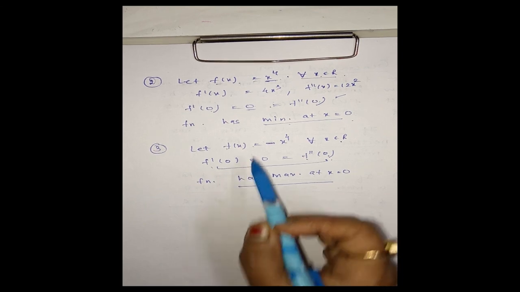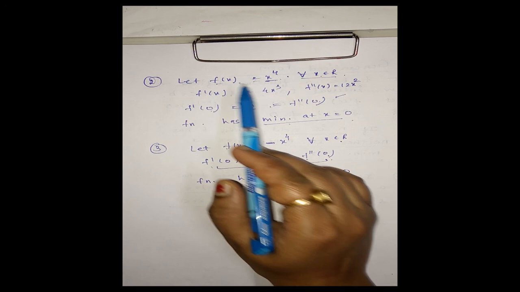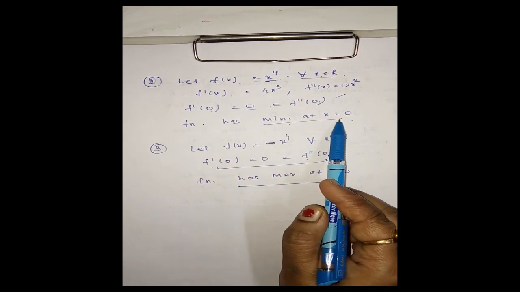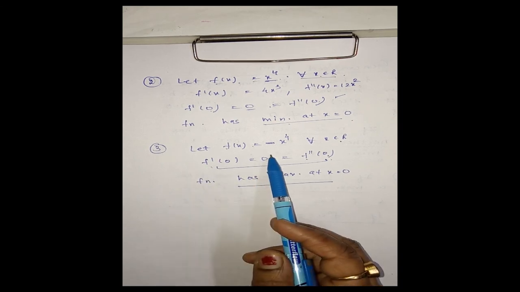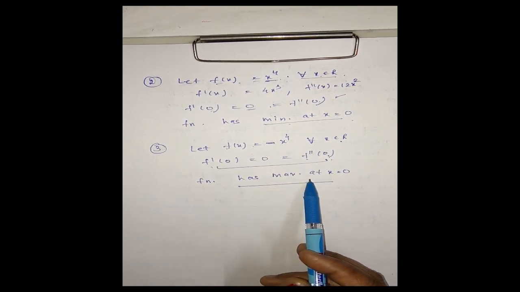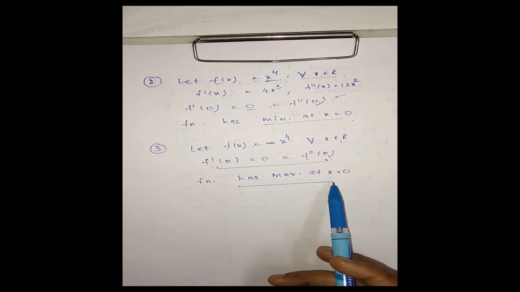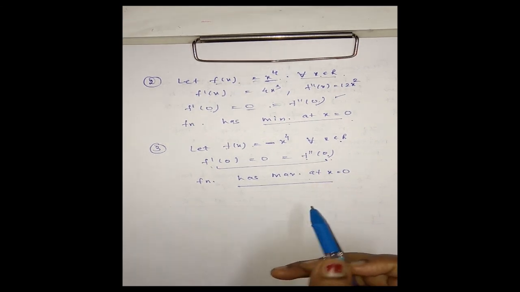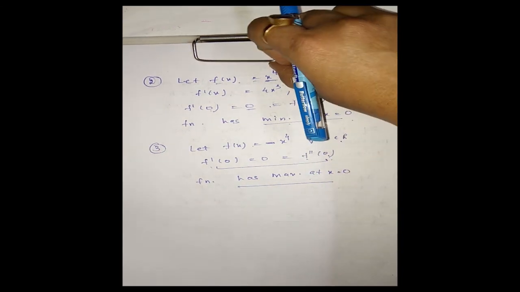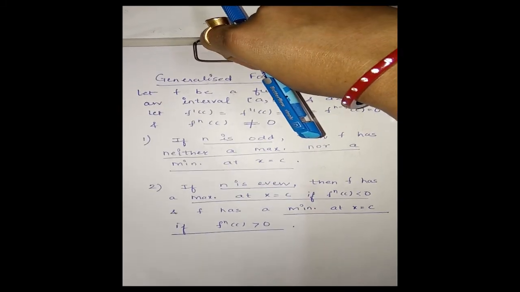Okay, and in these two examples, when f(x) is x power 4, then function has minimum at x is equal to 0. And in the case of f of x is equal to minus x power 4, we have seen that function has maximum at x is equal to 0. Okay, clear? Now we can generalize our second derivative test in the form this.